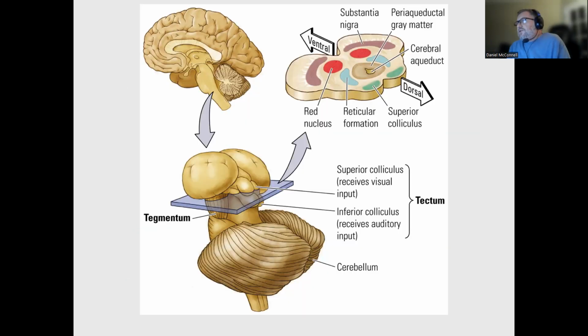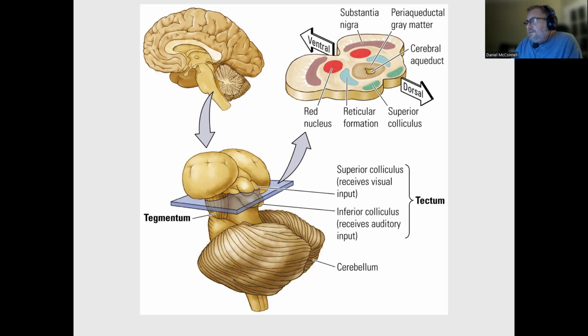Here we see some cross-sectional views of the midbrain. You can see first, down at the bottom, the organization of the midbrain, with the tegmentum below the cross-section plane and the tectum above.